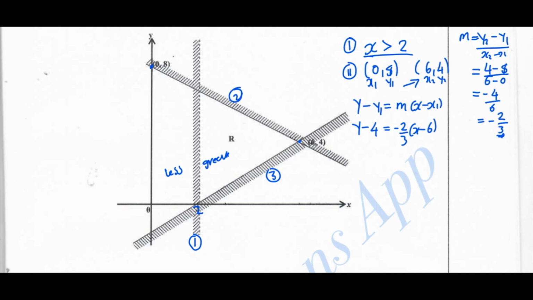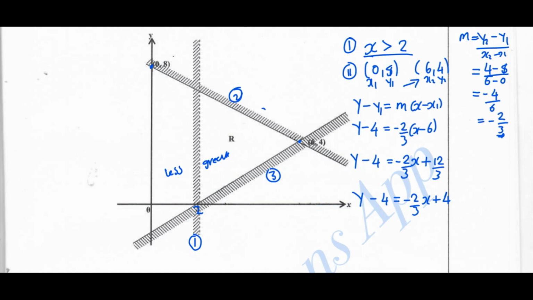The reason why I got this one is so that it will be easier: -2 over 3 times 6 will give us an actual value. So -2 over 3 times x is -2 over 3 x. Then negative times negative will give us a positive, so -2 over 3 times -6 will give us 12 over 3. So no need of finding the lowest common denominator. So it's -2 over 3 x plus 3 into 12 will give us 4.